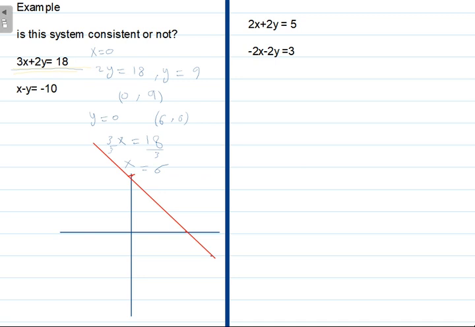And let's see the other equation here, which is x minus y equals minus 10. So when x equals 0, then minus y equals minus 10, then y equals 10. So I have (0, 10) here.